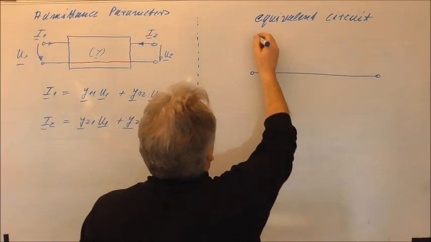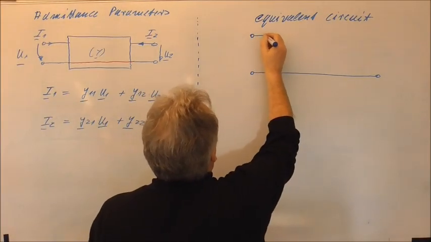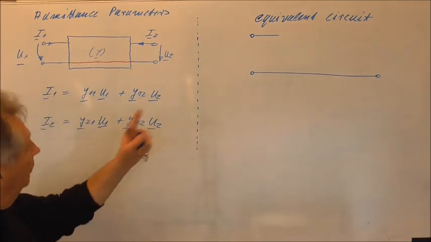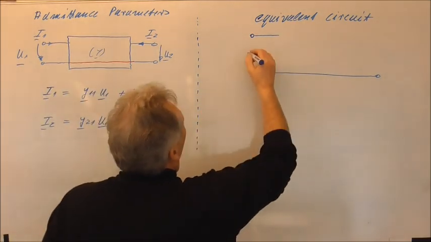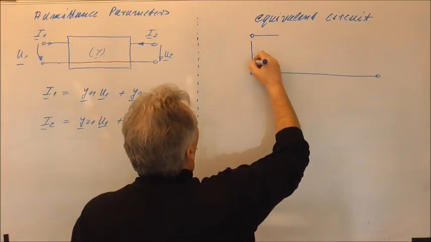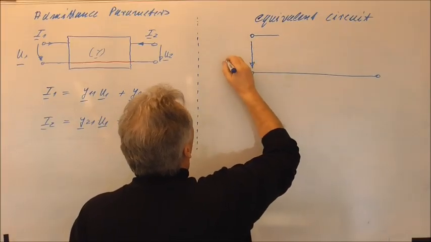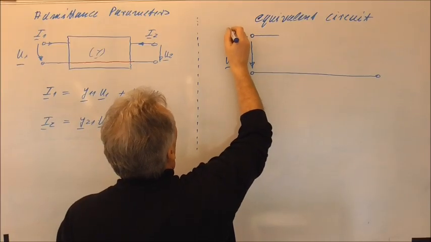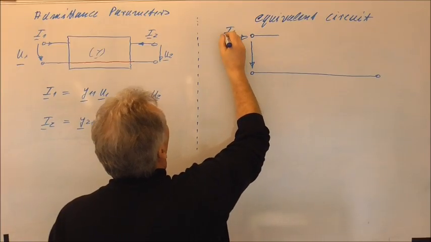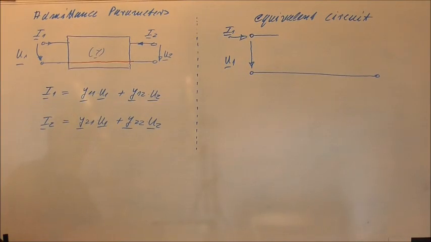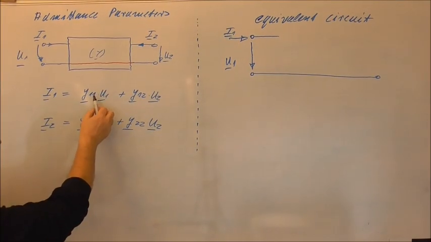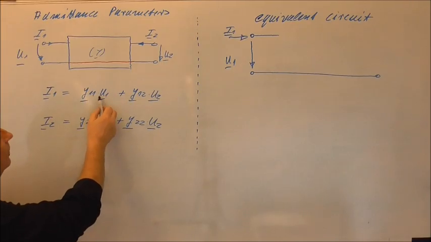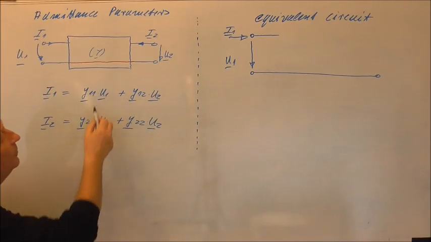So I will sketch here our port 1 or the input, and you see here we have the voltage U1, and here the current I1, and you see that the voltage U1 will result in a current which is Y11 times U1.